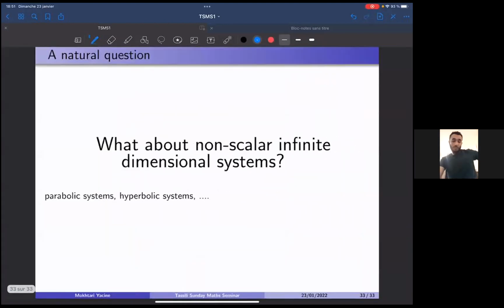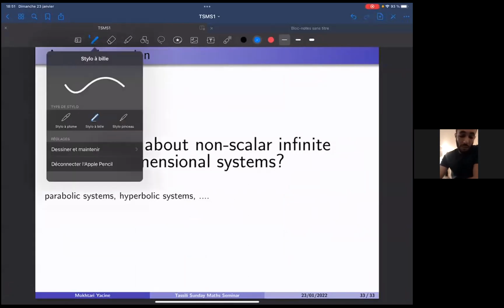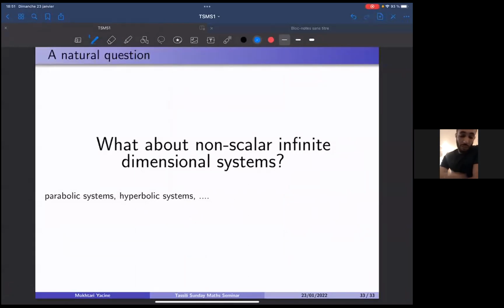So natural questions arise. We have seen for PDEs, for just one equation, that some conditions have to be respected, for instance the minimal time or the geometric control condition. We can ask the same question for PDEs, but this time for systems.